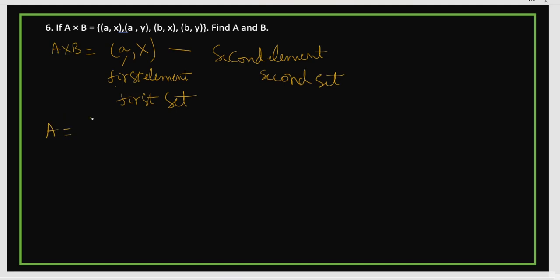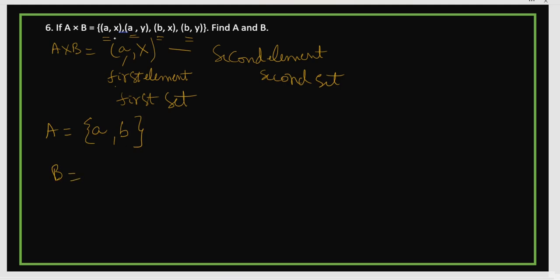So the first set A is this. What are the elements of the first set? All the first elements belong to the first set. So A is there, and A is already written, so we will not write it again. B is written, so we will not write it again. So these are the two elements. And B is what?